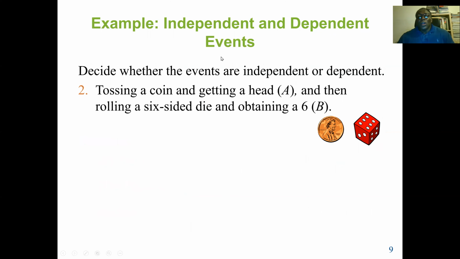So next, we should find the difference, solving the problem example of independent and dependent events. Here they say we should decide whether the events are independent or dependent. Tossing a coin and getting a head A, and then rolling a 6-sided die and obtaining a 6 B. So tossing a coin, getting a head, A, will be independent.